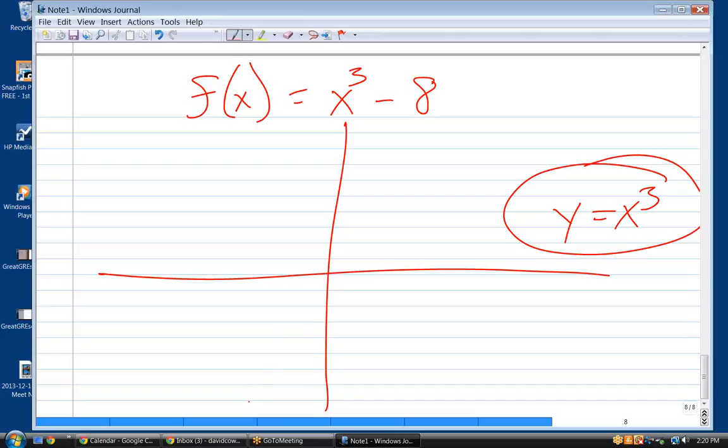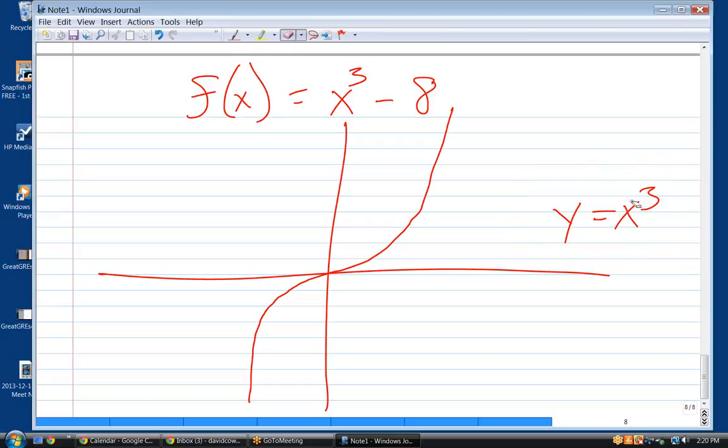Looks just like that. In other words, the domain is all real numbers because x can be negative or positive. And the range is all real numbers because y can be from negative infinity to positive infinity.